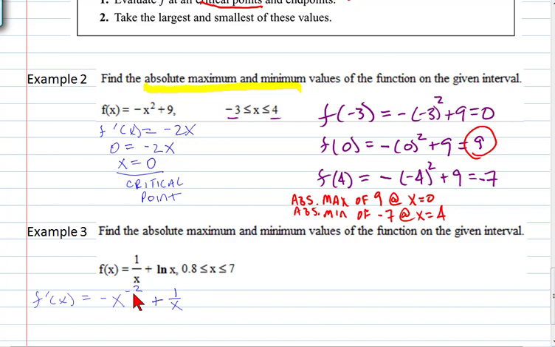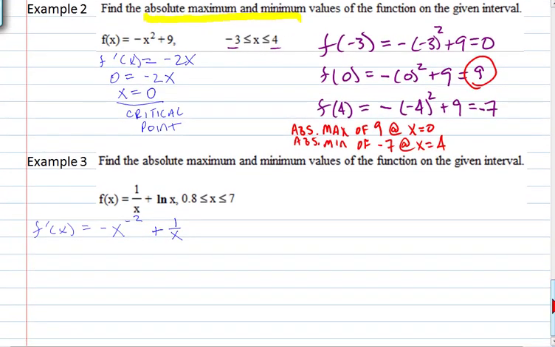So x equal to the negative first and then take the derivative. So what that means, cleaning this up, is that we have -1 over x squared plus 1 over x, and we've got to set this equal to 0 in order to find the critical points. Well, first thing I should probably do is get a common denominator.